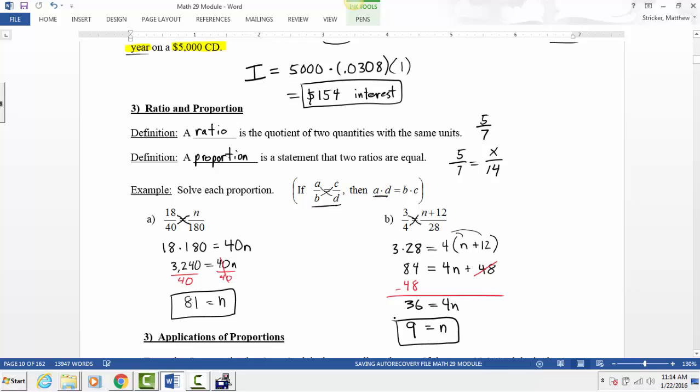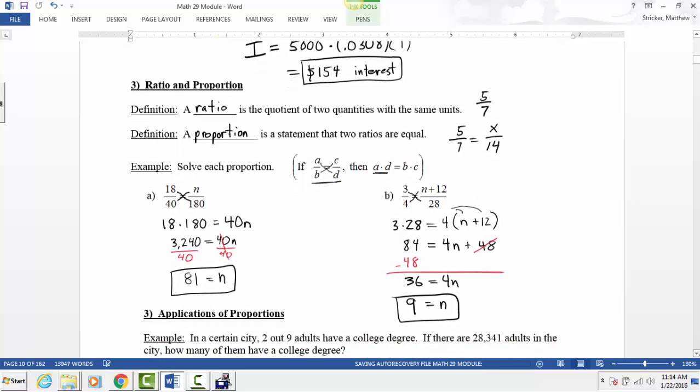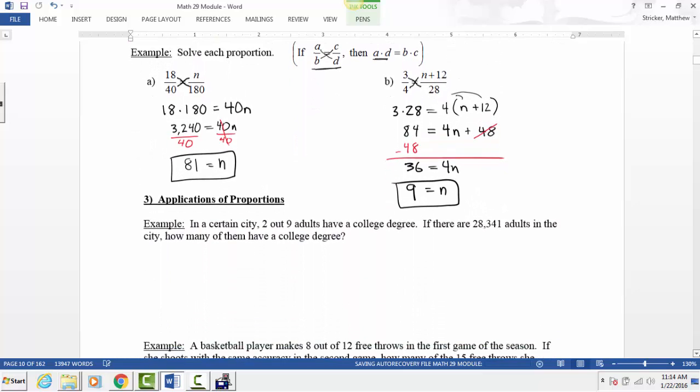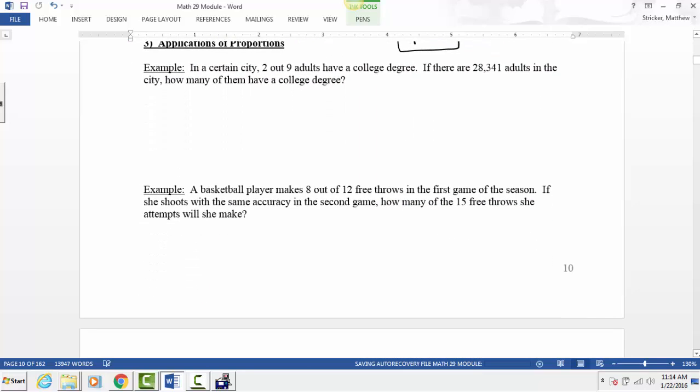Okay. So we're almost done here. Let's go ahead and look at an application or two of this. It says in a certain city, 2 out of 9 adults have a college degree. So we know 2 out of 9 have a college degree.